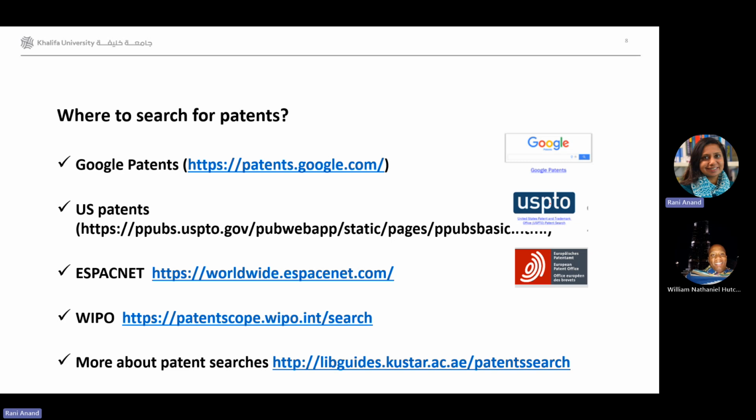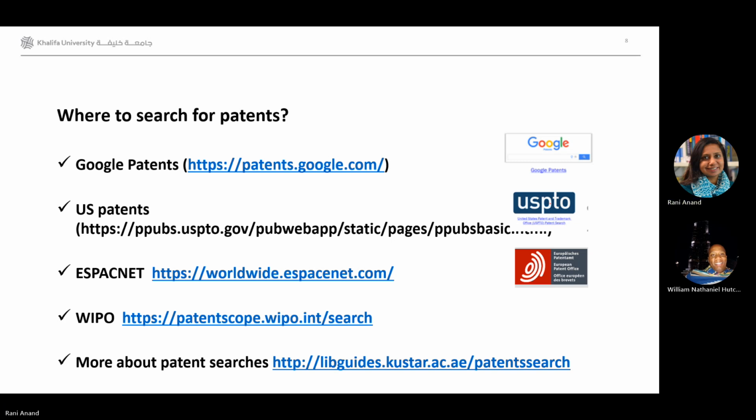There are four major patent databases that you can search. The most important is the Google Patent Database. It's free; all of the patent databases are free. Then there is the US patent database, USPTO. Then Espacenet, which is a UK patent database.